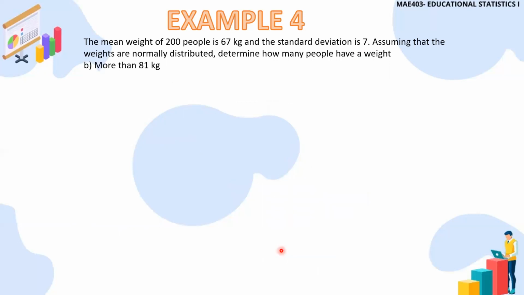And then the next question is, how many people have weight more than 81 kg? So the probability of X greater than 81, approximate to the standard normal distribution: 81 minus 67 divided by 7. So the probability of Z greater than 2. Based on the table, the probability of Z greater than 2 is 0.02275.